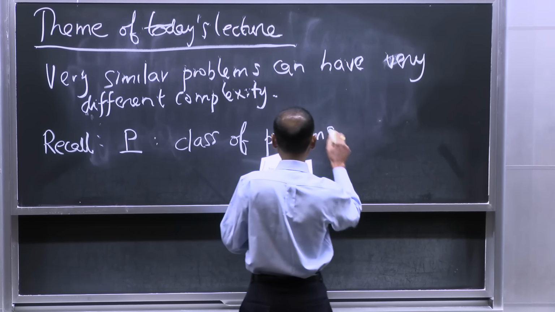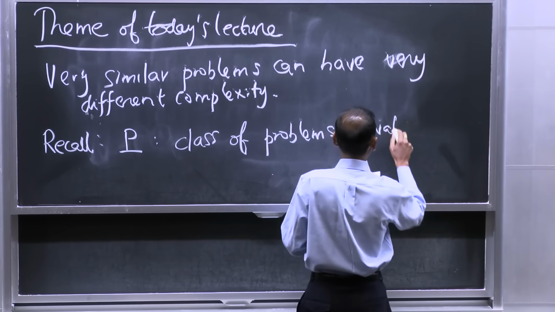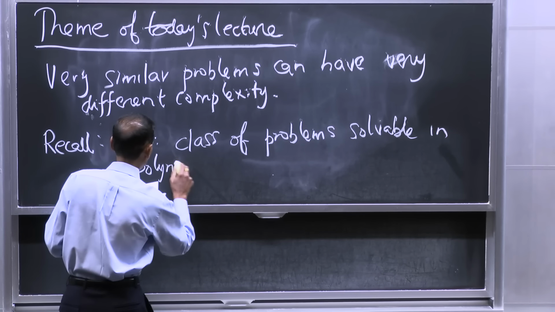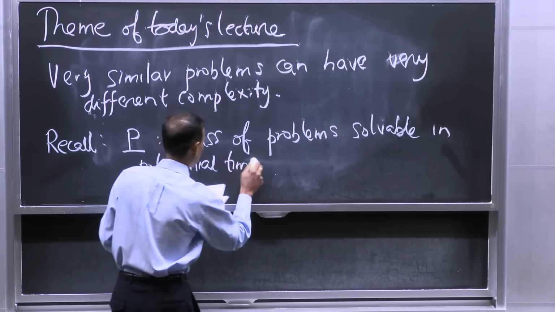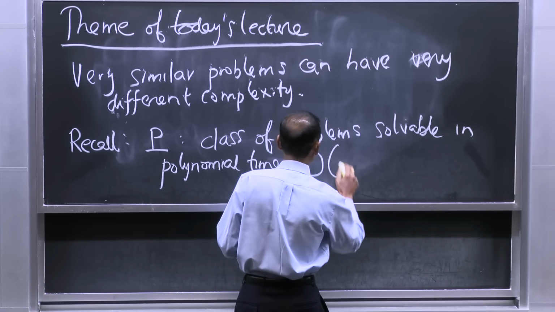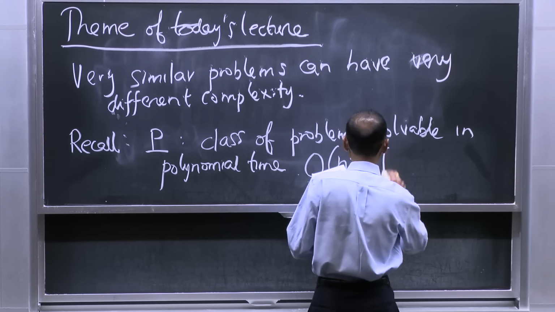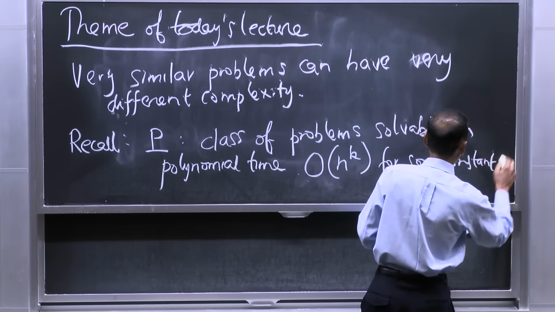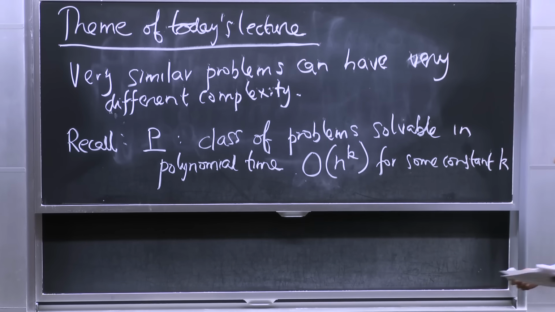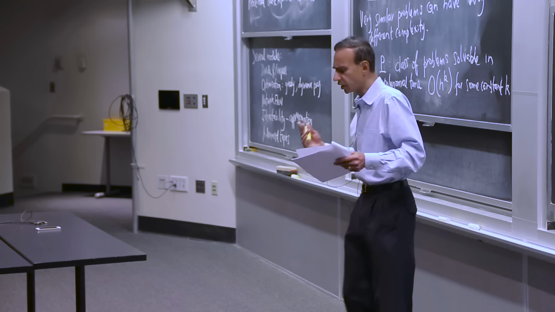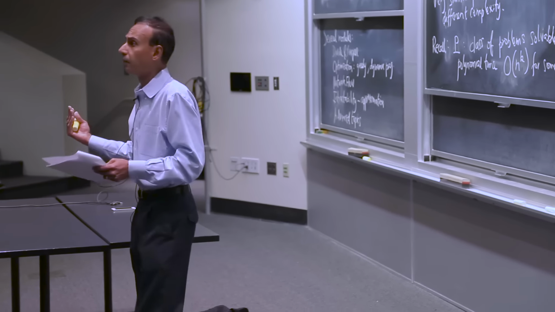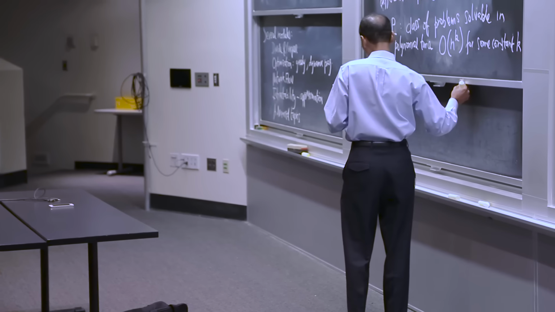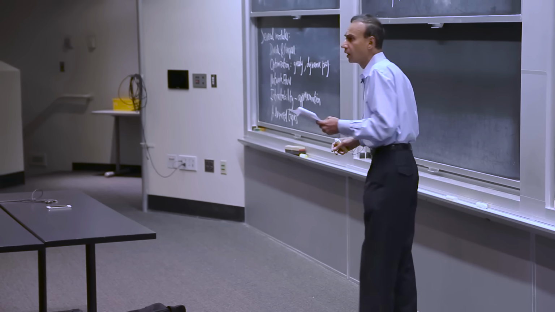Capital P is the class of problems solvable in polynomial time. Think of that as big O n raised to k for some constant k. Now you can have log factors in there, but once you put a big O in there, you're good. You can always say order n, even if it's a logarithmic problem, and big O lets you be sloppy like that.